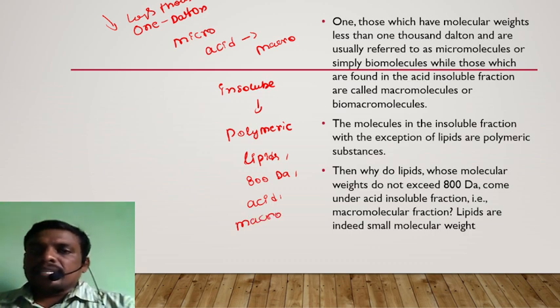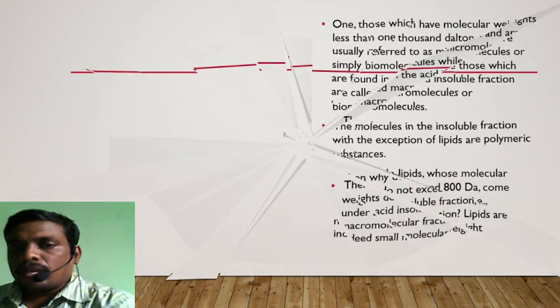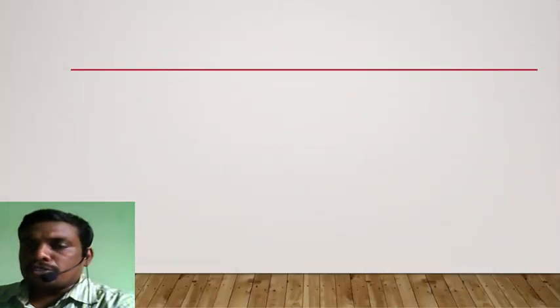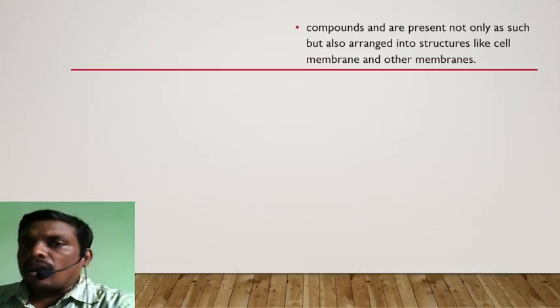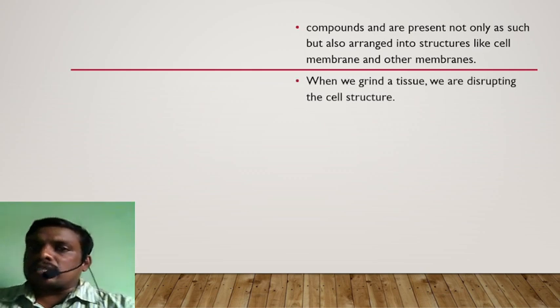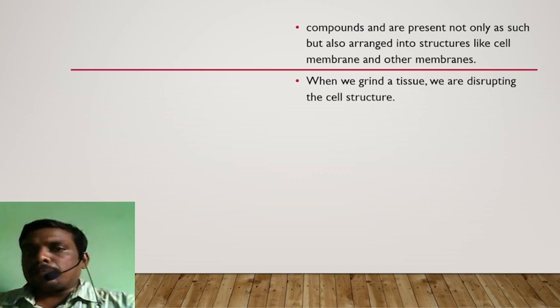Lipids indeed have a small molecular weight, but the exception is that they are present not only in such a range but are also arranged into structures like the cell membrane and other membranes.